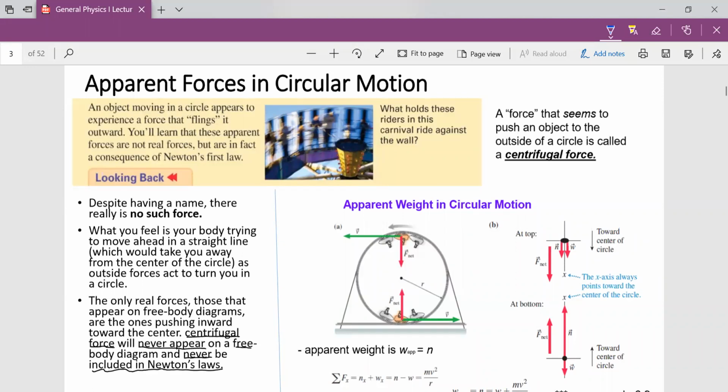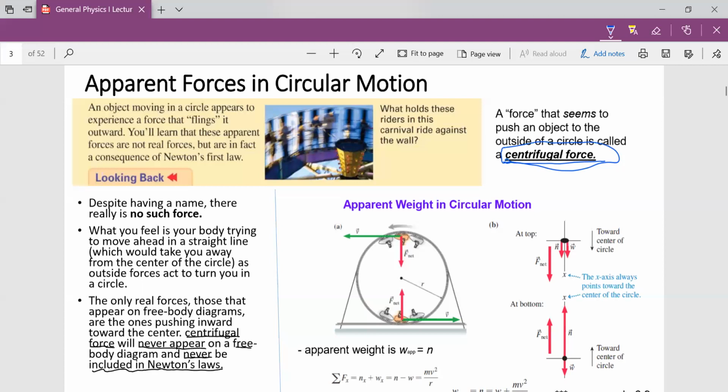We have this word centrifugal force to describe a force that seems to push you outward from the center of a circle. This force is what we are referring to as apparent force. Why? Because despite the name centrifugal force, which describes the direction of a force taking you outward from the center, we have already established in principle that any object taking a circular path has acceleration directed towards the center.